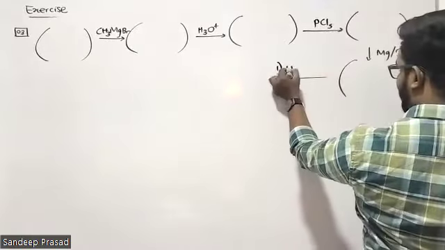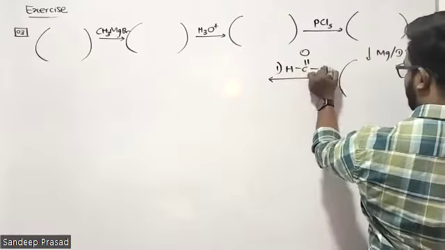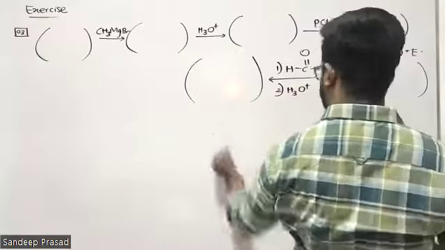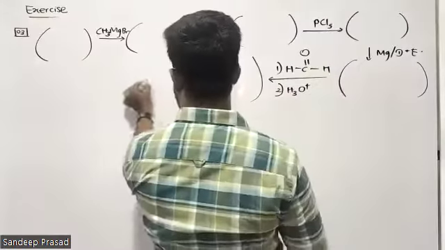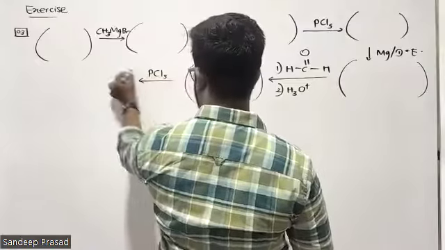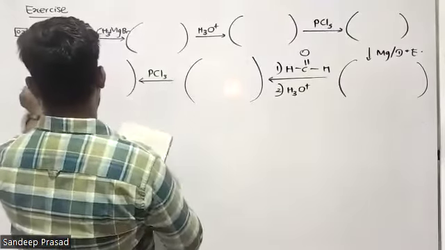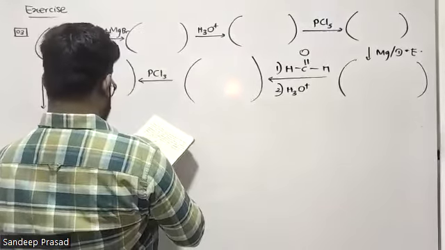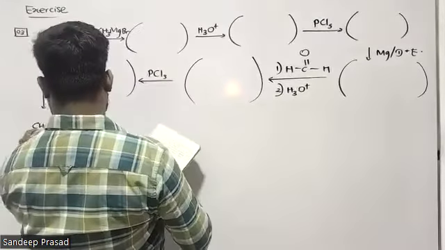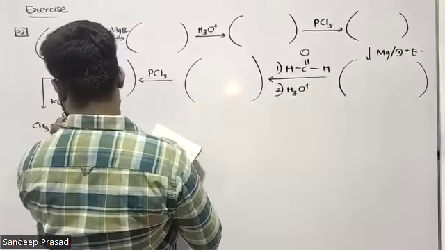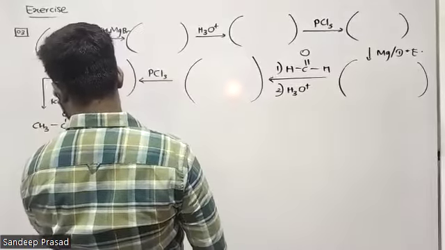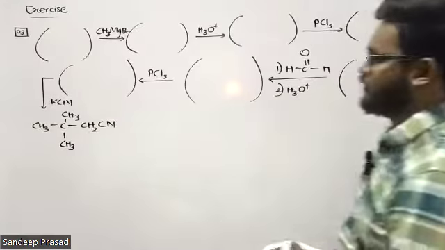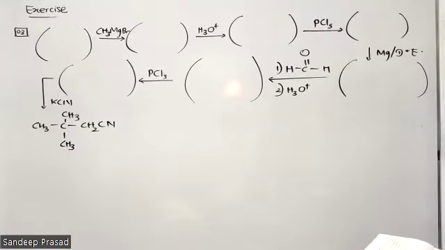Here we can add methanol first of all, and secondly H3O plus. PCl3 here. Go for the reverse.